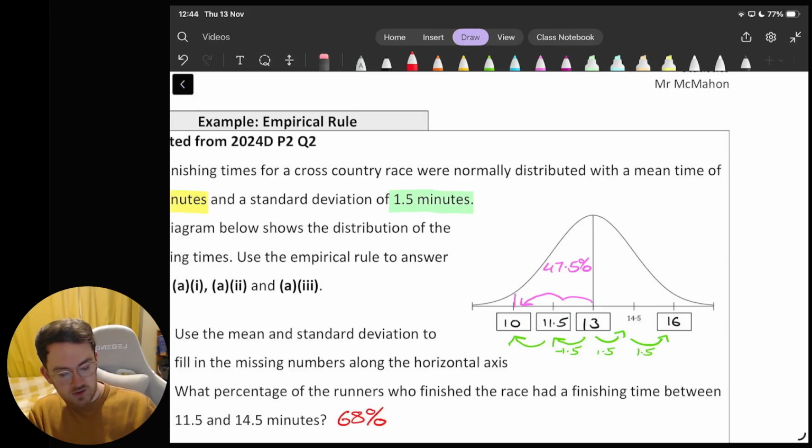Let's go the other way around though. We don't want that side, we actually want this side. So in order to work that out, we need to remind ourselves that the full section is 50%, which would suggest then that this is 2.5% that is left, because the full half of the data should be 50%.